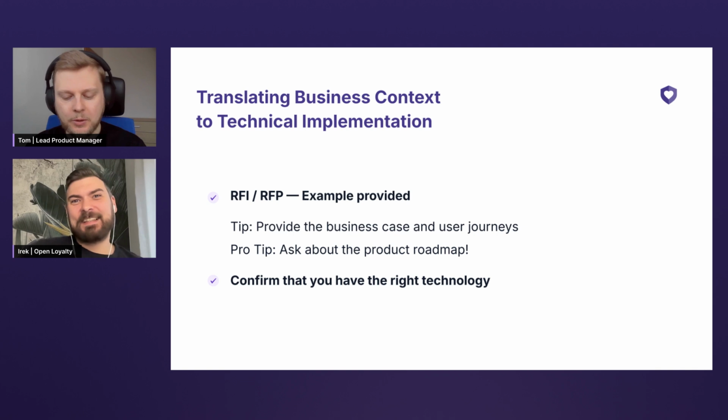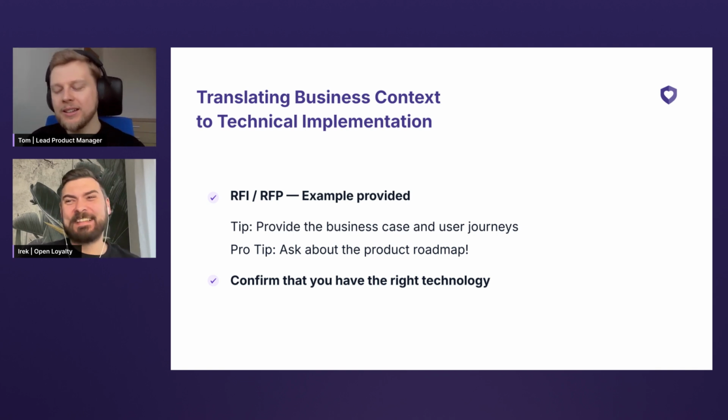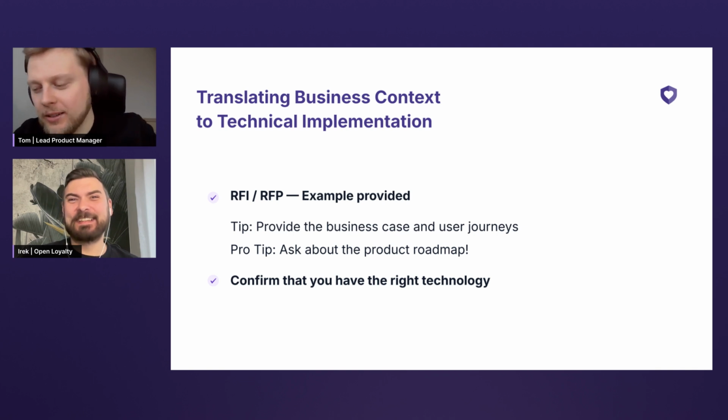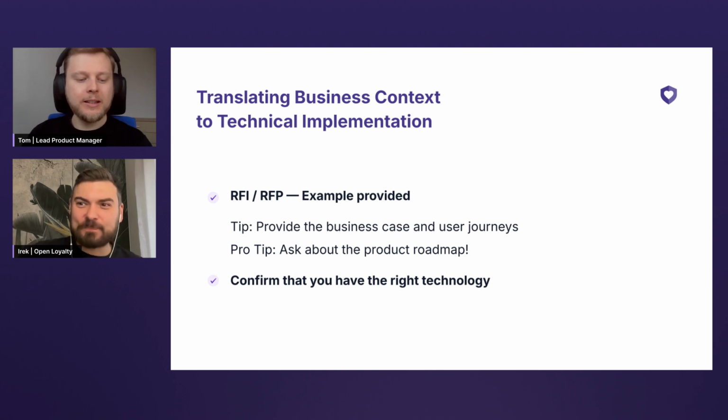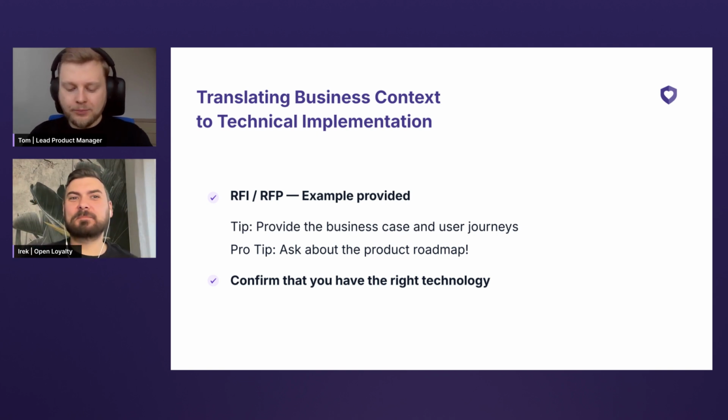Yeah, sure. We also discussed the future-proof keyword, right? It's tricky to be future-proof because no one really knows what the future will bring. We have the loyalty trends report that talks about it a little bit, but how you can try to ensure that you're future-proof is to work with your vendor to understand their vision for their product and platform. Will they introduce new mechanics, new functionalities, new features?